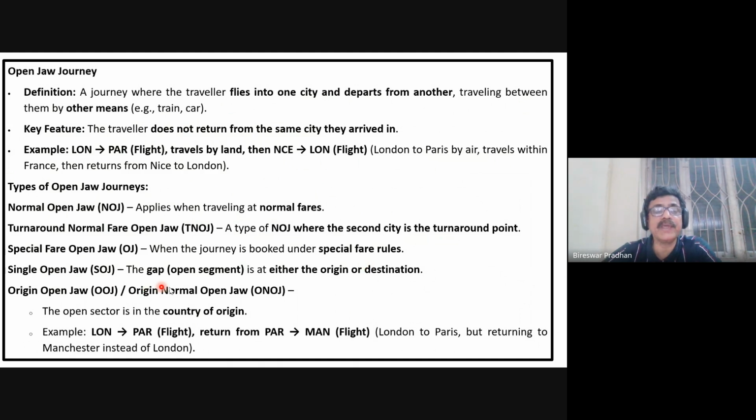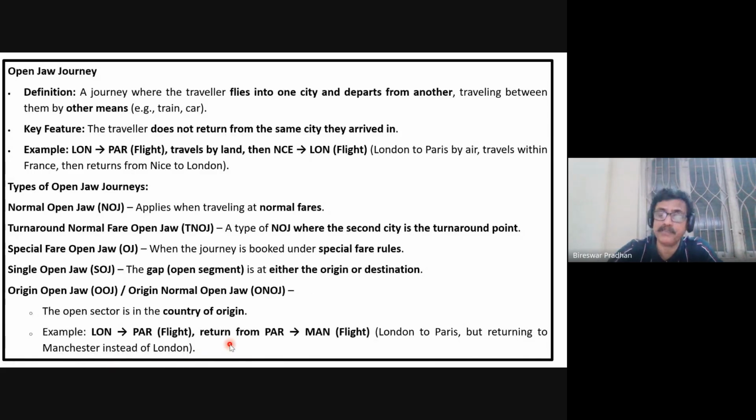Single open jaw: the gap, the open segment, is either at the origin or the destination. Origin open jaw, or origin normal open jaw: the open sector is in the country of origin. Example: London to Paris, then travel by surface, and returning to Manchester instead of London.